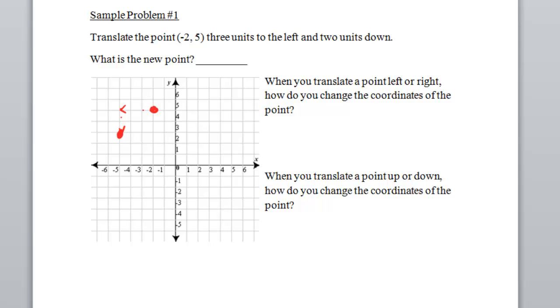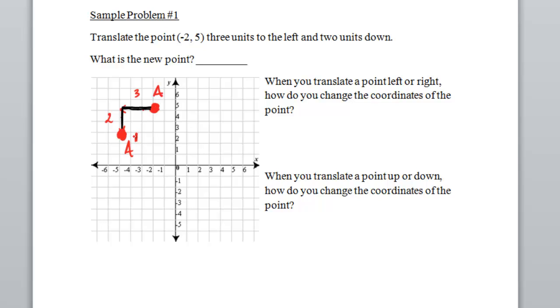And so what we've done here, and I'll just put this in so we can see the actual slide that took place, is gone 3 units left and 2 units down. Now, if I wanted to do this from a labeling system, I could label this point A. So the second point is a translation of point A. What we do is we put a little prime marking there.